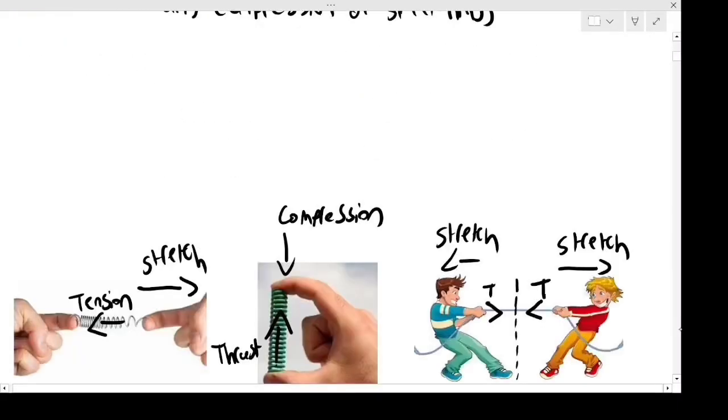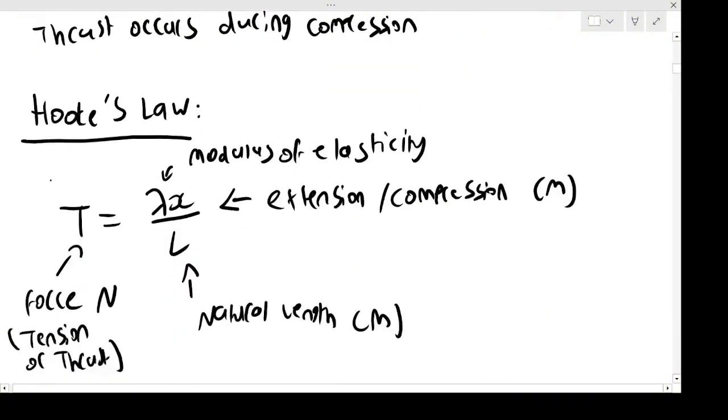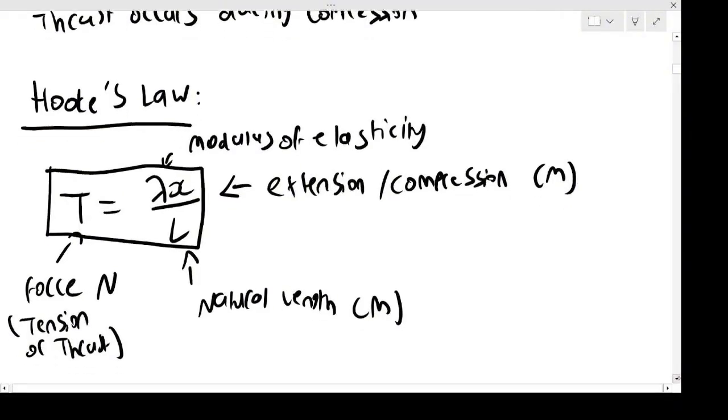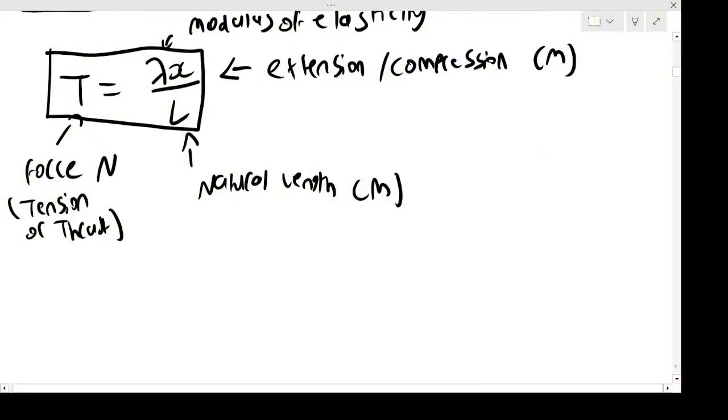And so this is the formula we're going to be using all throughout this whole chapter: T is lambda x over L. The last thing to note, actually two things. First of all, I'm going to jot down another formula, which might seem a bit obvious, but I think it might help if I write it down explicitly. That is the total length of a string or spring.